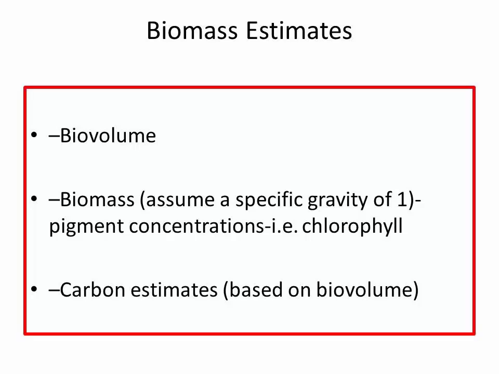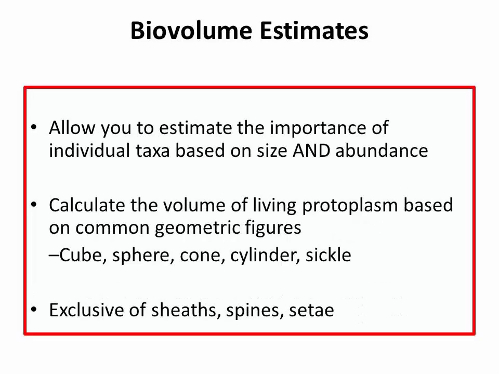Now, these kinds of things probably are not going to play into what you're doing for toxins and risk, but biovolume might. And having biovolumes, you can convert to biomass because of the specific gravity of 1. So biovolume estimates allow you to determine the importance of individual taxa based on their size and abundance. And that sometimes is important.